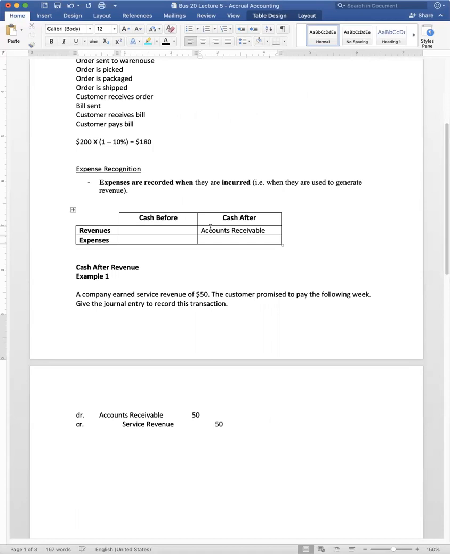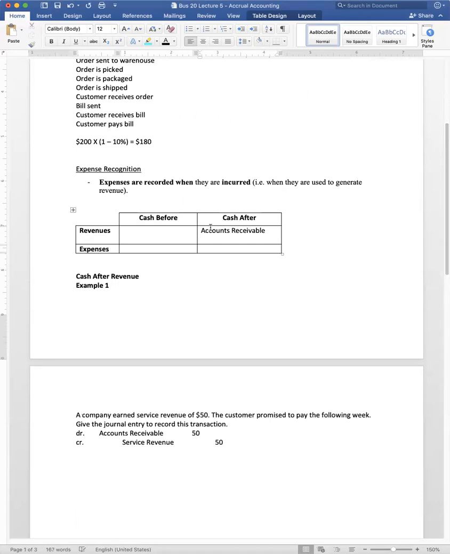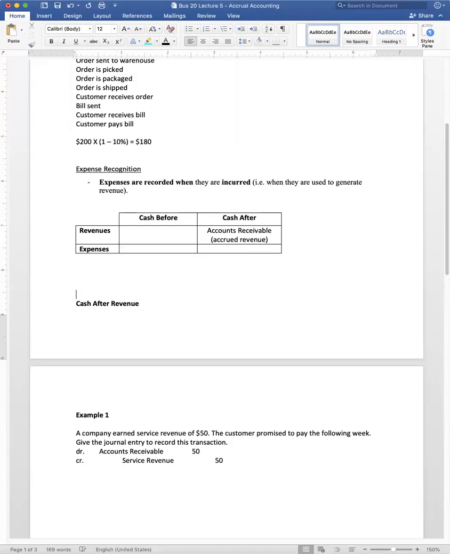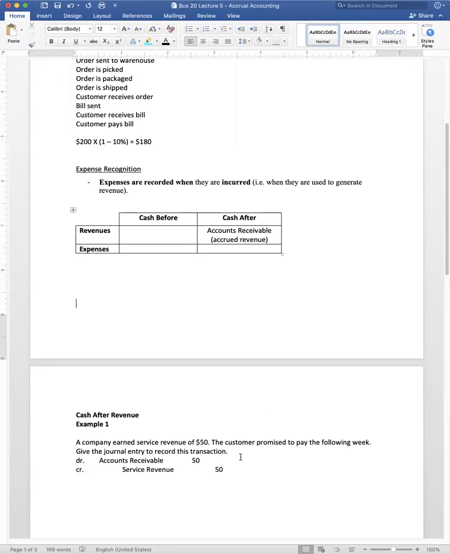And another name for accounts receivable, it's kind of a fancy name, is accrued revenue. So this is essentially a fancy term. Sometimes accountants like to use fancy terms, and they do that because it makes them feel important.